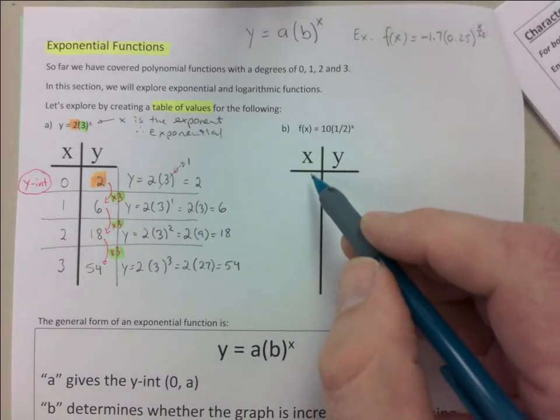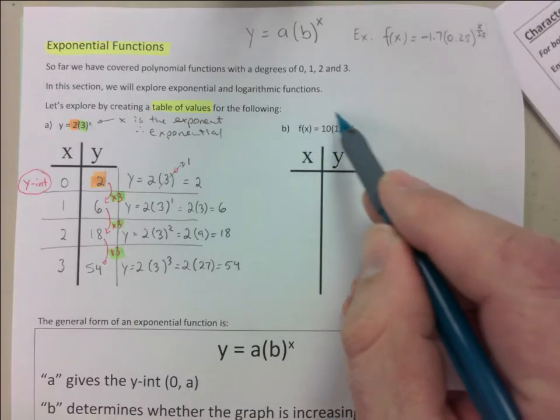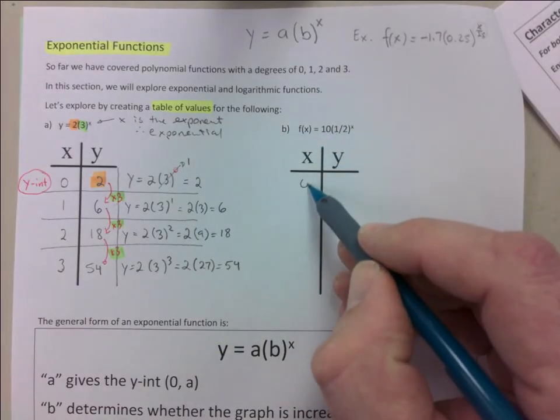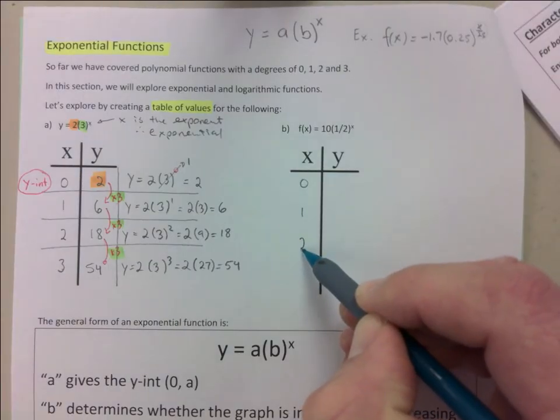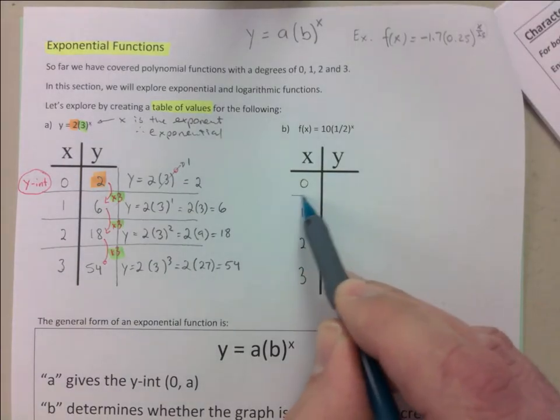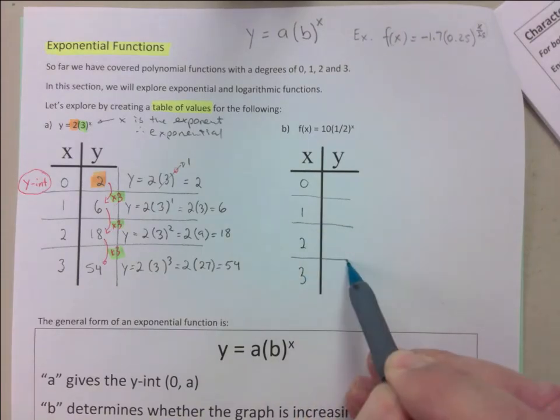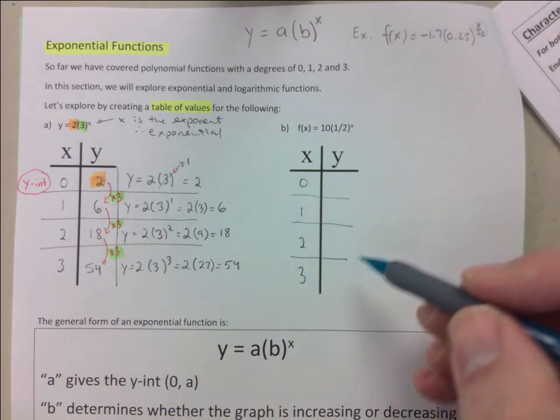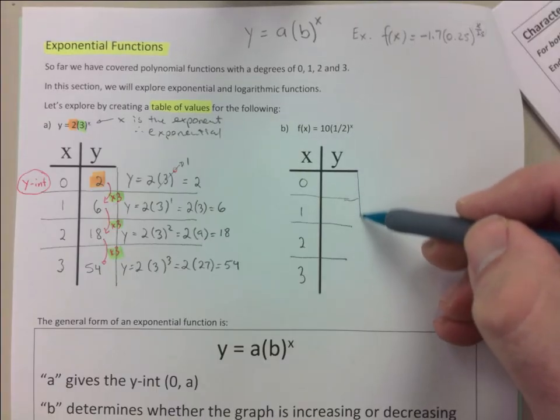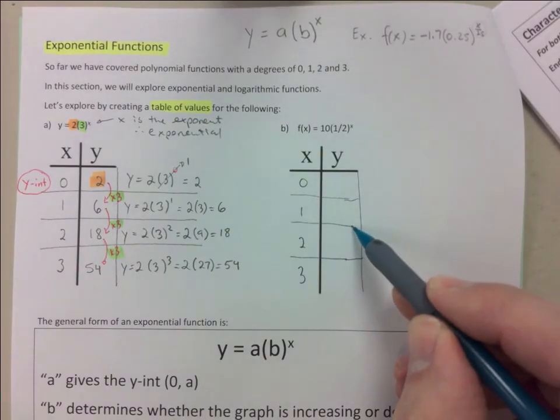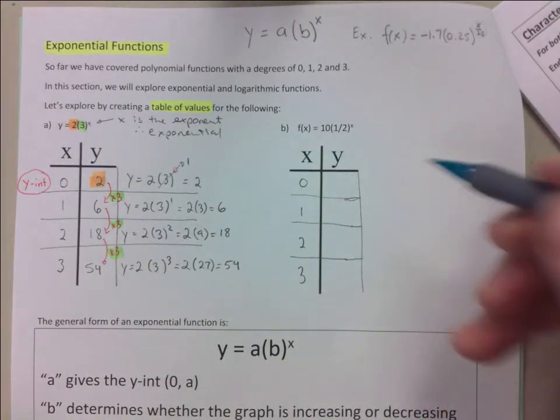The next part here, let's look at this function here. We'll try 0, 1, 2, 3 again. Let's make our table. This is on page 3. We'll do the math on the side. Okay.